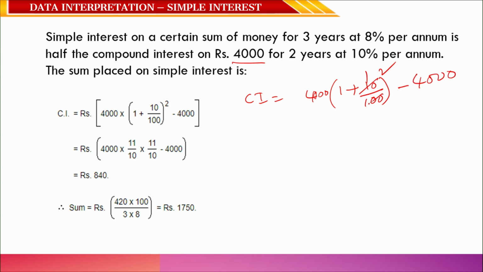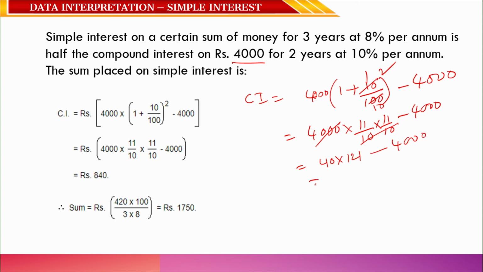It is 4,000 of 11 by 10 of 11 by 10 minus 4,000, correct. So this 100 and this 100 will get cancelled. 40 of 121 minus 4,000, it is simply 840 rupees.